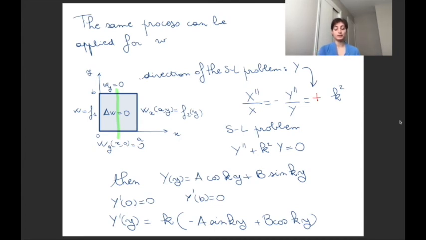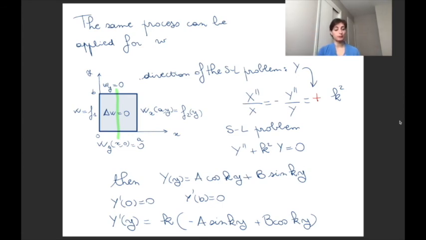So we can write the solution of y as a cos ky plus b sine ky, so a combo of sine and cosine. And we're imposing the trivial Neumann boundary conditions at the two ends of the rectangle. So we have y prime at 0 equal to 0 and y prime at b equal to 0.